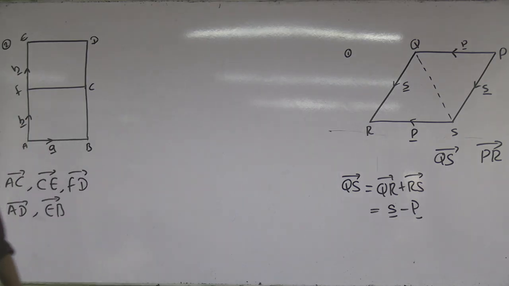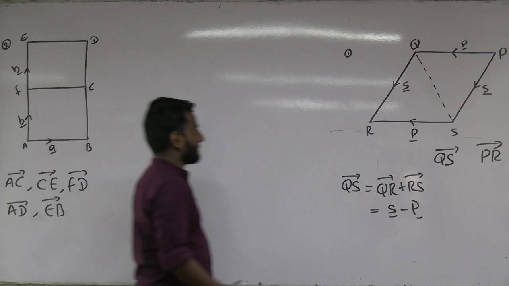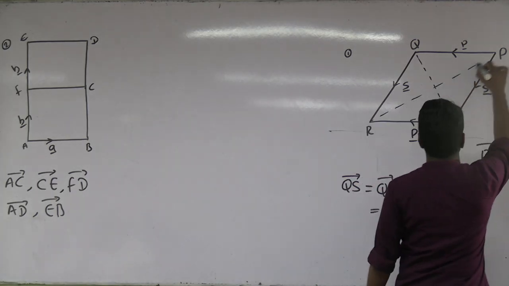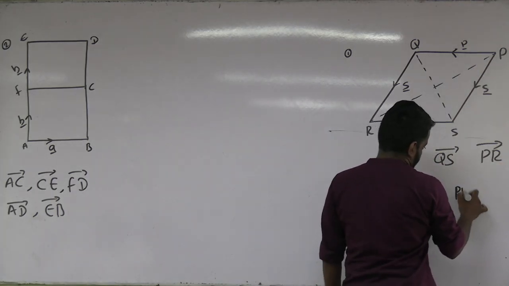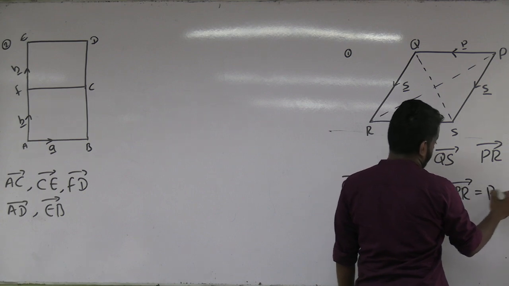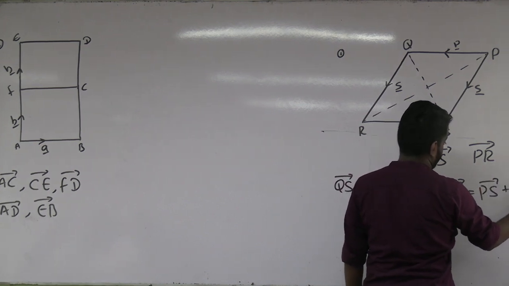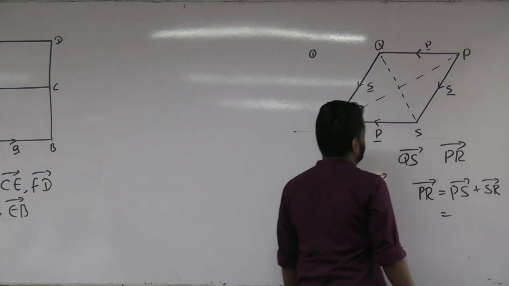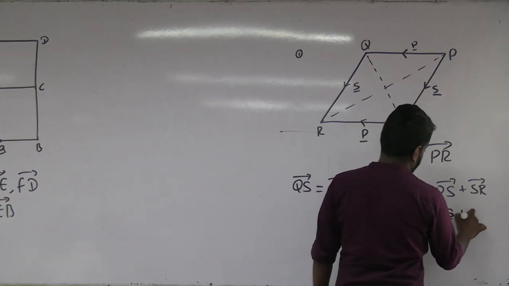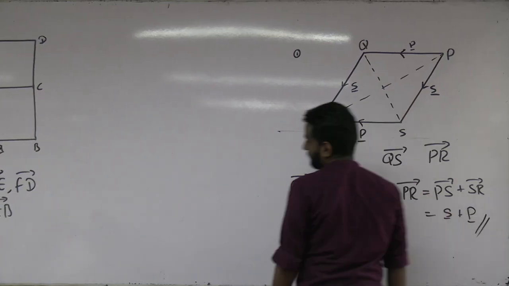QS must be S minus P. Right. And PR. The vector PR can be written as PS plus SR. So PS is simple S and SR is P.